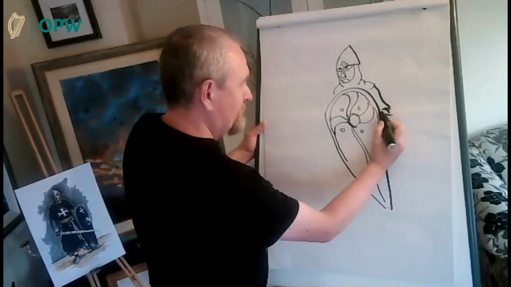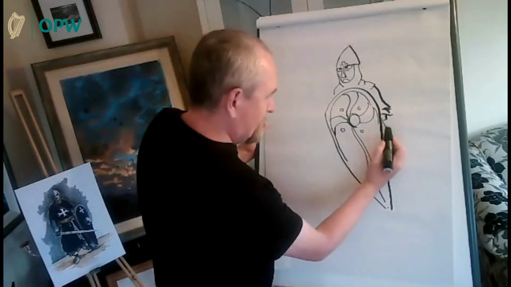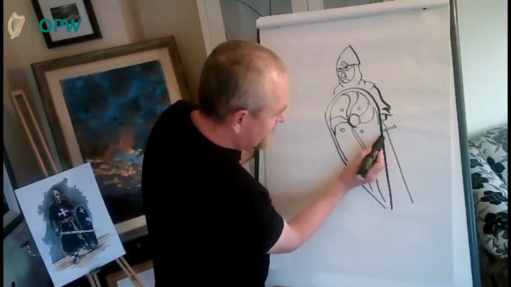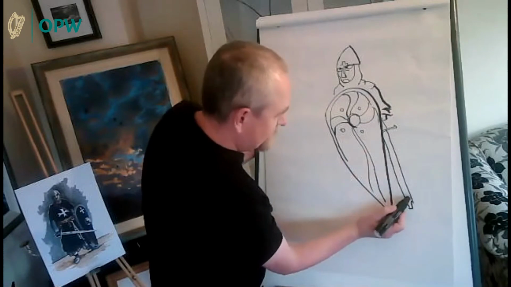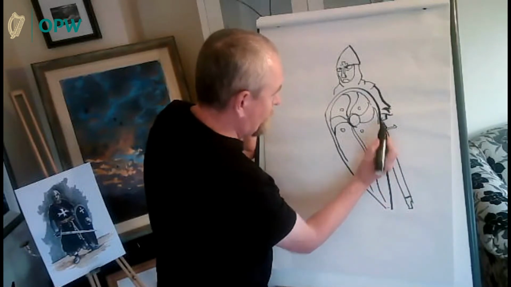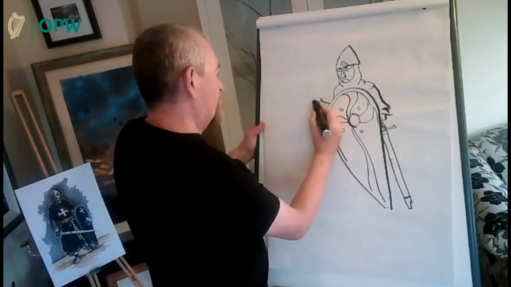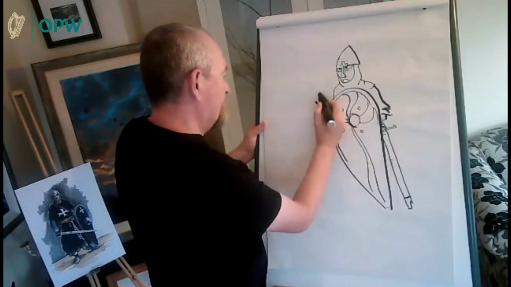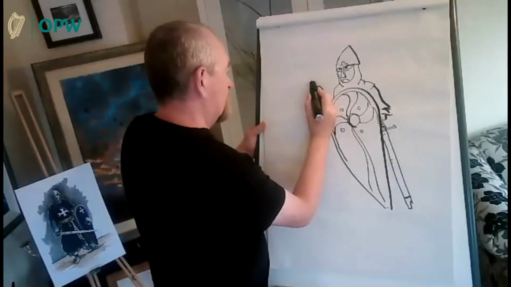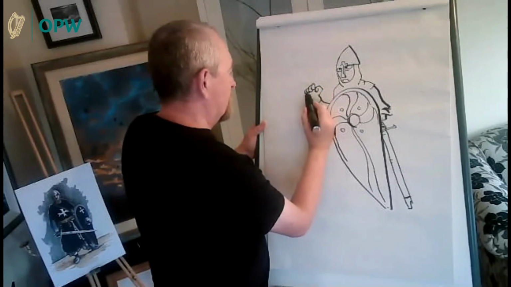So then you would have a mail surcoat. As a sidearm, you would have a sword in a scabbard. And for these purposes, both on horseback and on foot, they had a very effective spear.